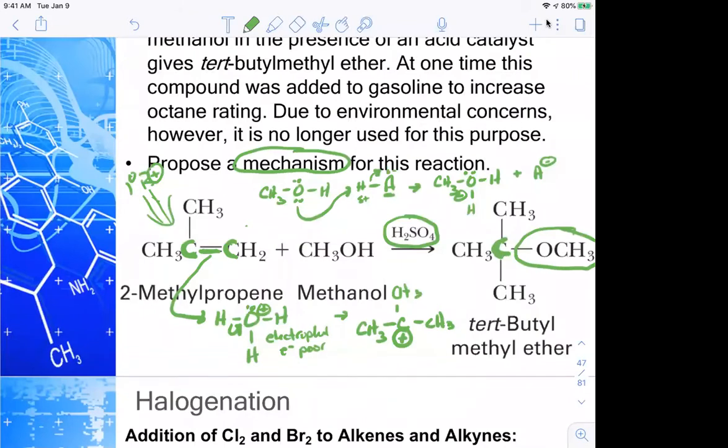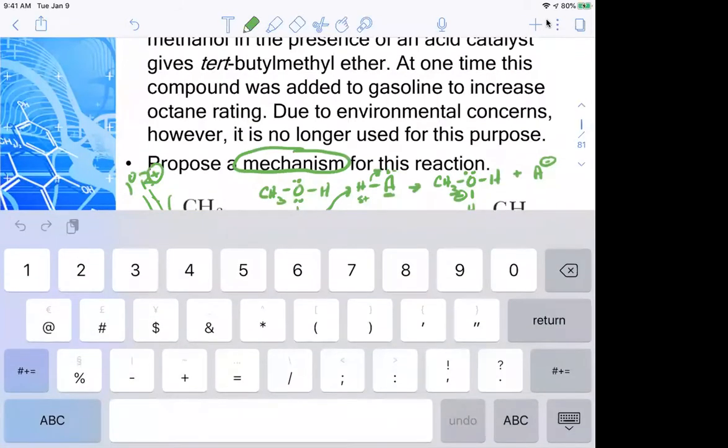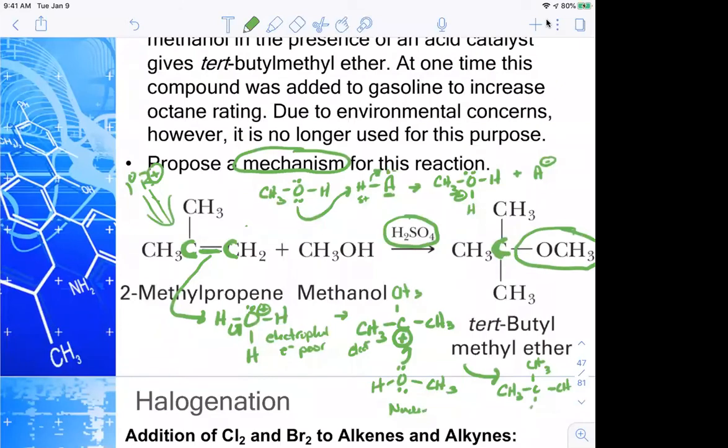Now, here's the thing. I'm going to have another molecule of methanol come in. Now remember, this is the electrophile, and this is a nucleophile. So this is going to come in, and what I'm going to form is that oxonium ion, which is very similar to what I did before.